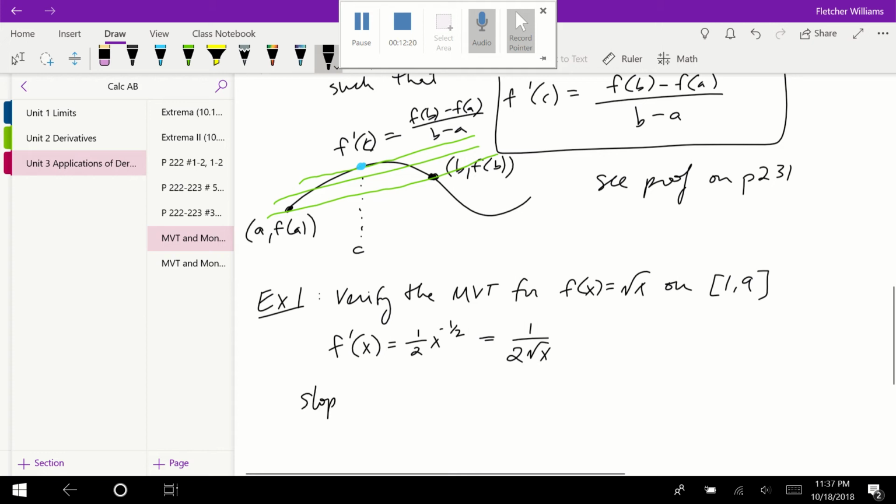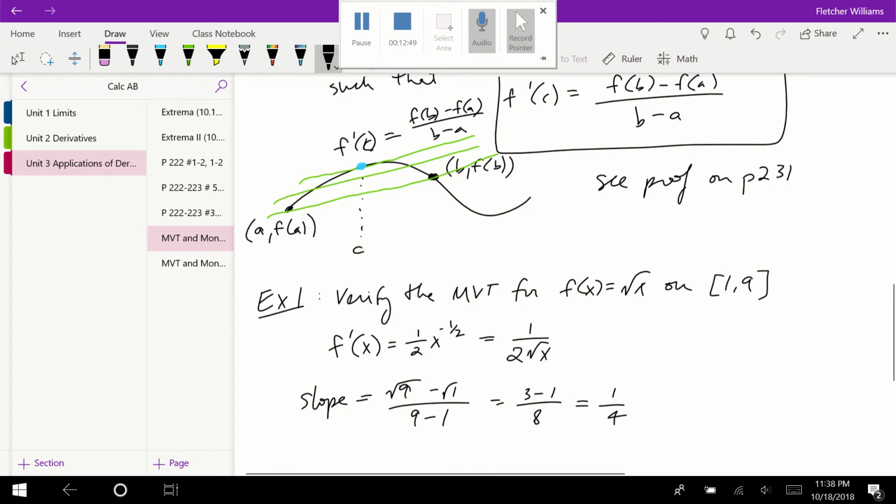That slope would be square root 9, that's f of 9, minus square root 1 over 9 minus 1. So that turns out to 3 minus 1 over 8, or 2 over 8, which is a fourth.